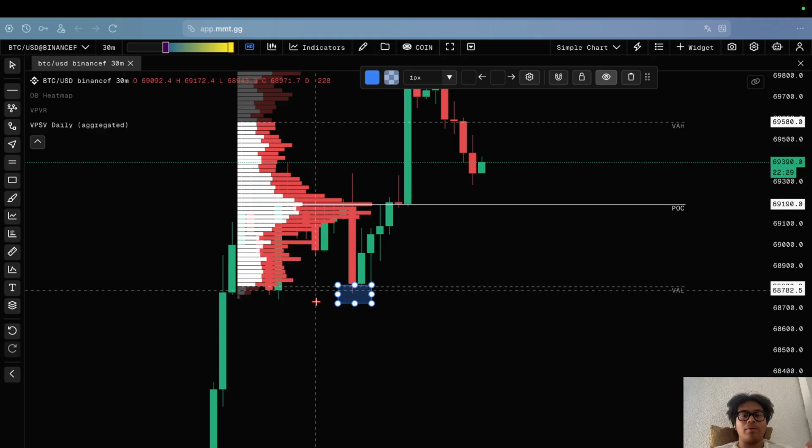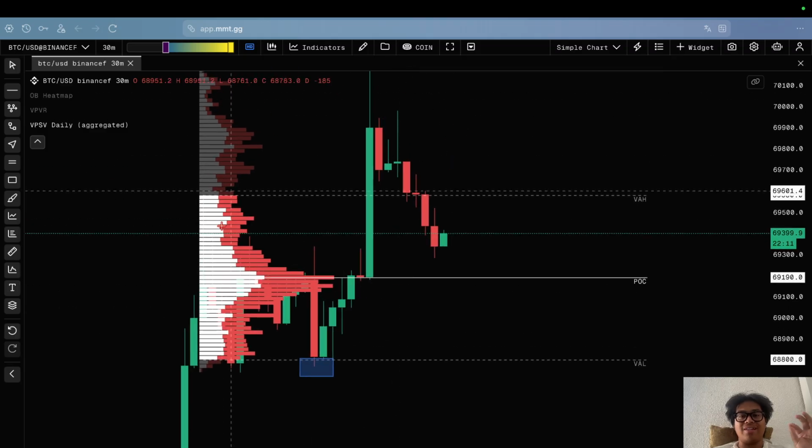You will go for a limit sell here because you know that price already tried to accept getting out of the range, but it didn't, and it made a rejection to stay inside this range of the volume profile of the day.